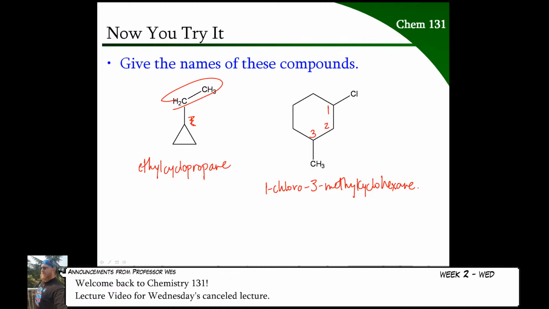Now, you might not think that there's much else to this. Like, we named chloroalkanes in the last section really quickly, and now we've named cyclochloroalkanes, and that's easy. And it turns out that due to how geometry works with alkanes, all the carbons are tetrahedral, we get some interesting consequences when we hook them around into a ring.